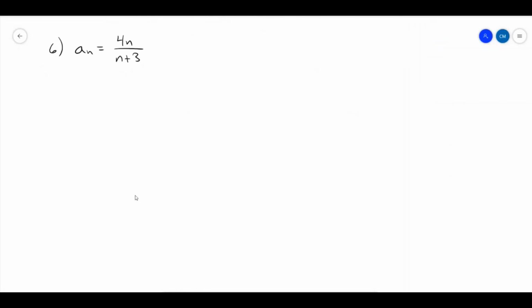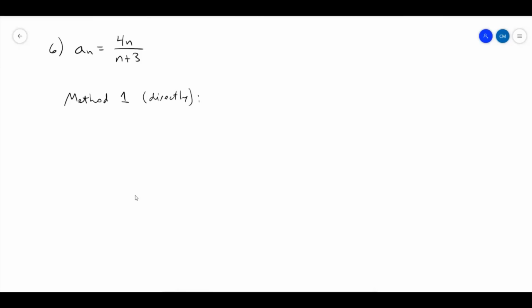There are really two ways to determine whether a sequence is monotonic, and remember that means it's always increasing or always decreasing. They're pretty different methods, so I'm going to go through both of them. Method 1 is to directly check.